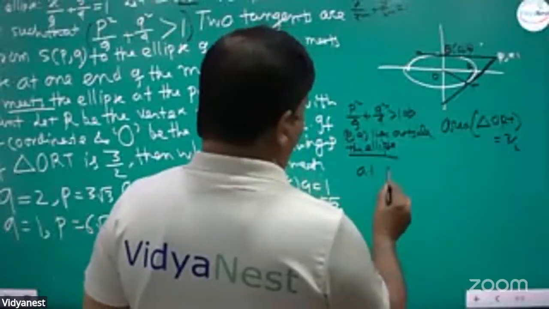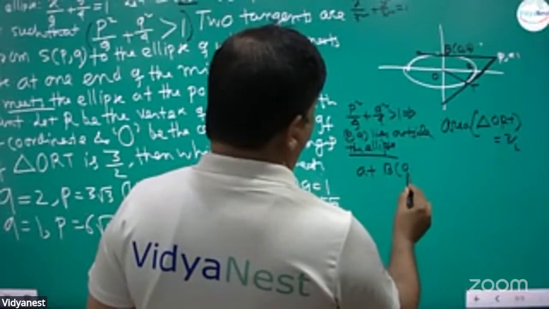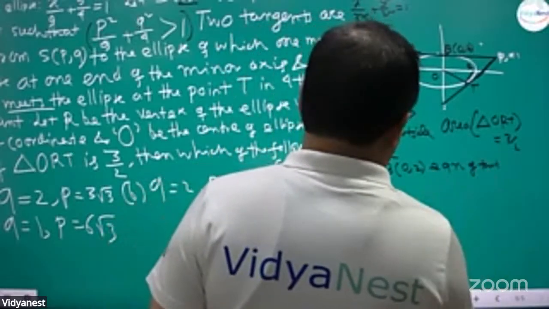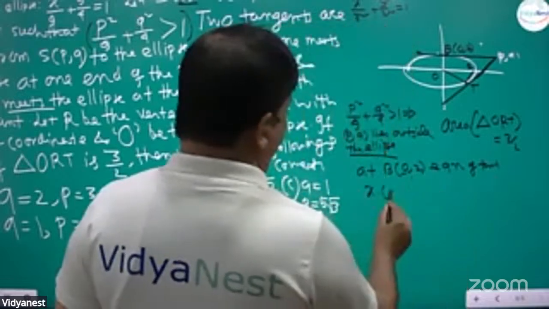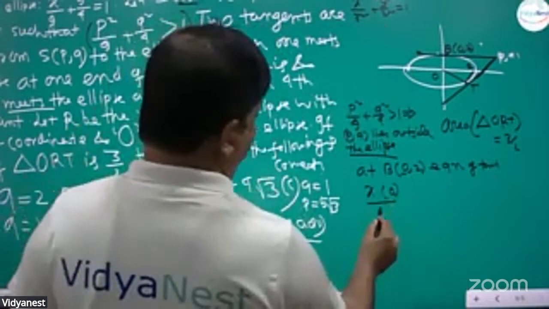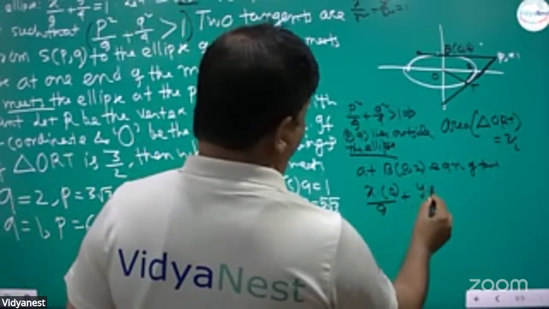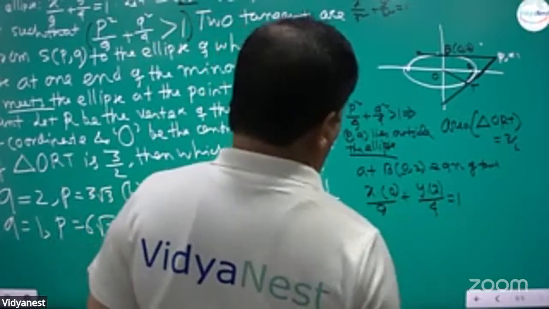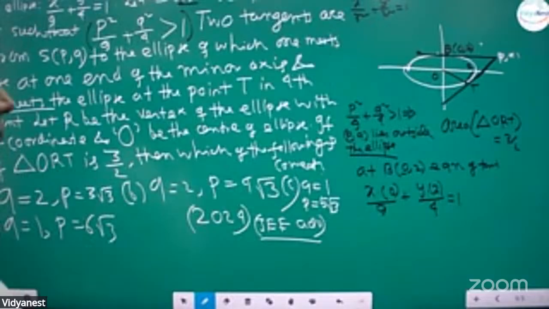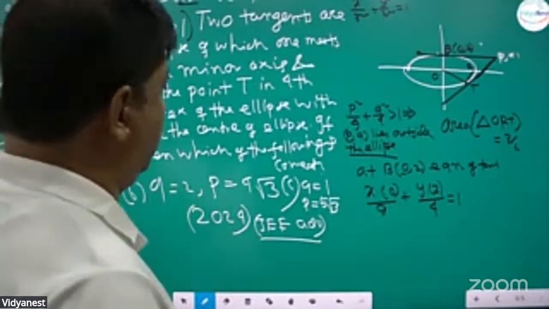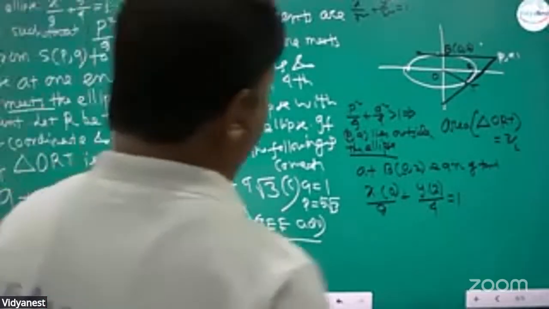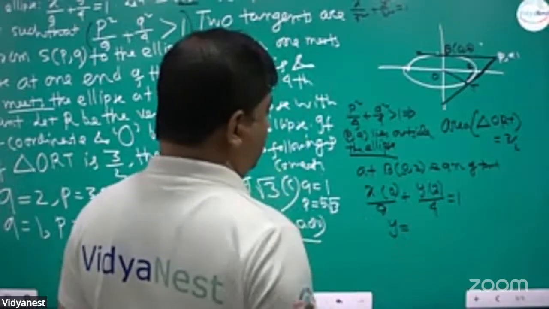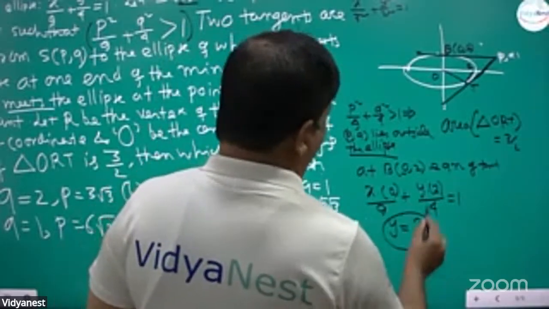So at B, equation of tangent: x1, what is x1? 0 by a square plus y1 by b square is equal to 1. So from here we have got y is equal to 2, the equation of the tangent.